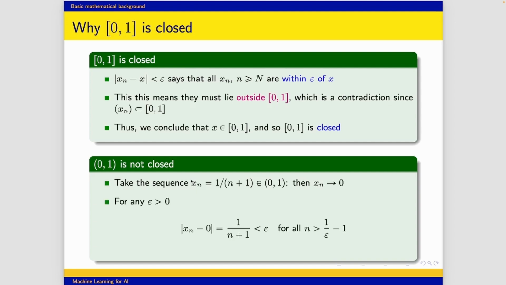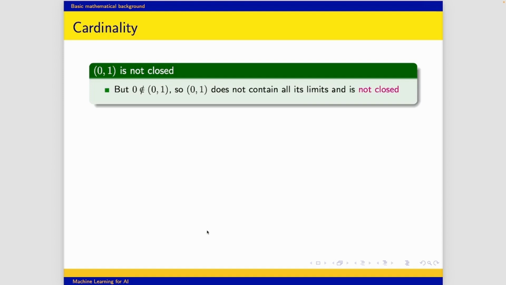So for any epsilon greater than 0, let's see what the distance is of xn from 0. So the absolute value of xn minus 0 will just be 1 over n plus 1. And we need this to be less than epsilon, which it will be for all n greater than 1 over epsilon minus 1. So indeed, xn is approaching 0. But here's the key thing.